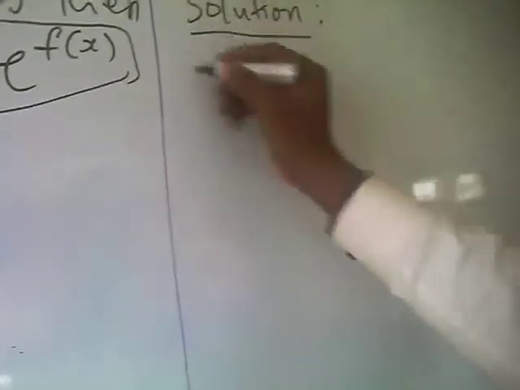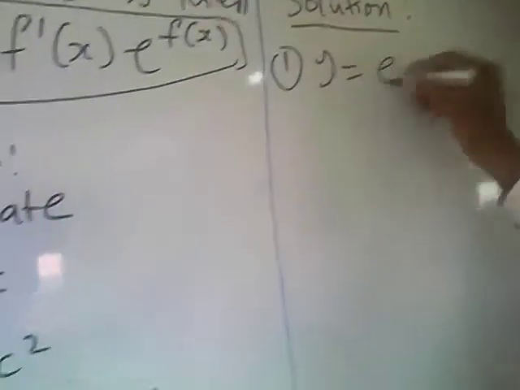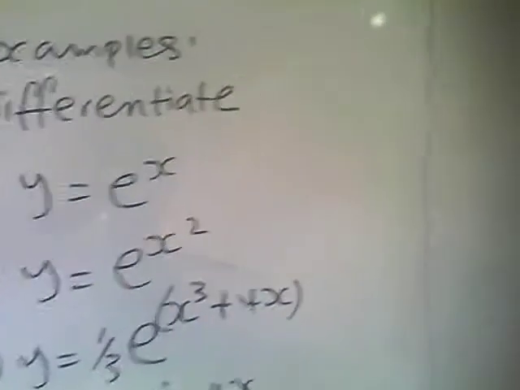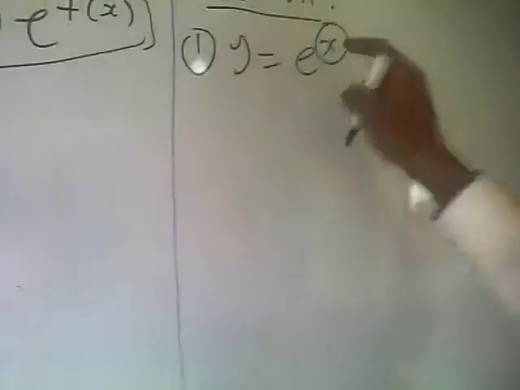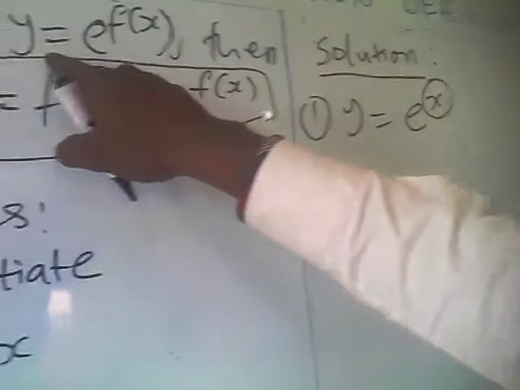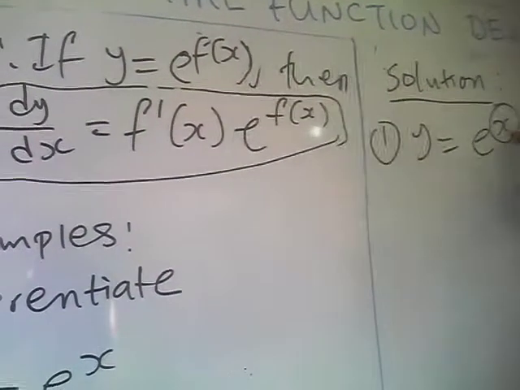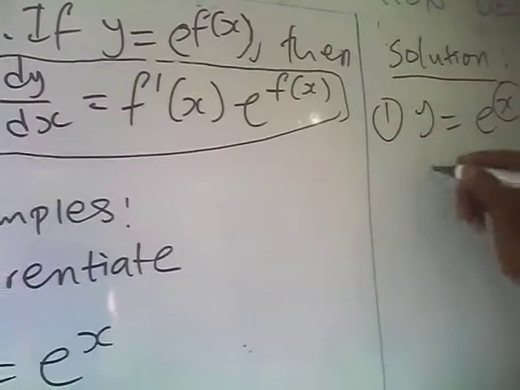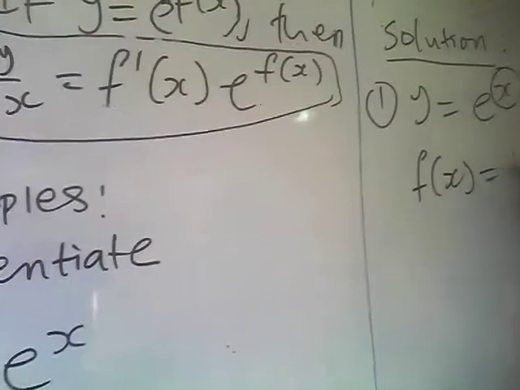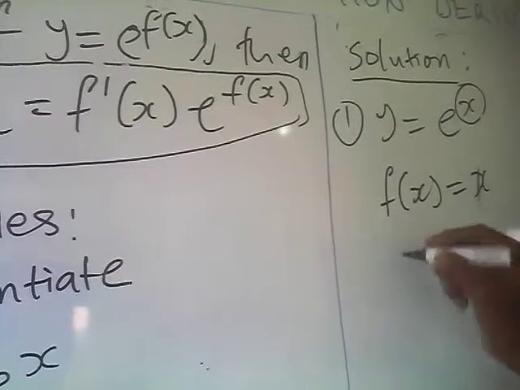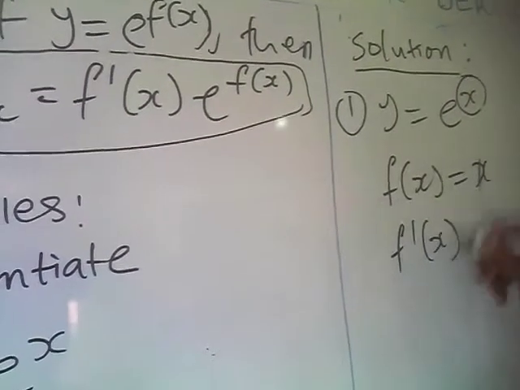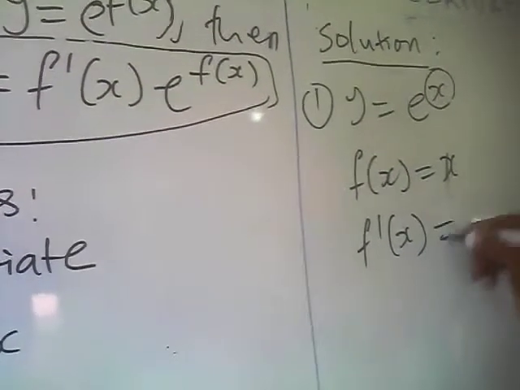The first one, we have y equals exponential x. From there, it is obvious that this is the function of x. We compare this with the formula, y equals exponential function of x. So that means function of x is equal to x. So f prime of x, the derivative of the function of x, will be 1.